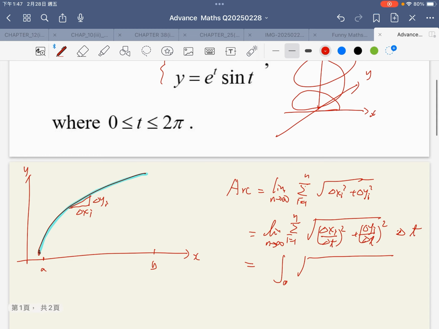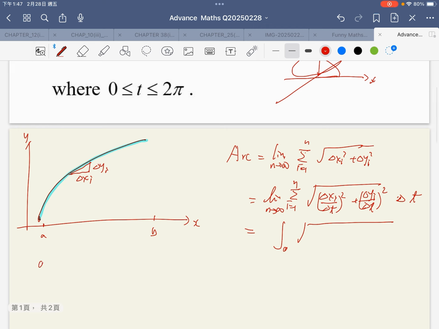But here we have to mention that A is equal to x of t0 and B is equal to x of t1. Then, because we focus on the domain t, I change this one to dt.